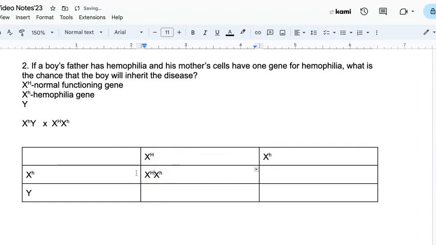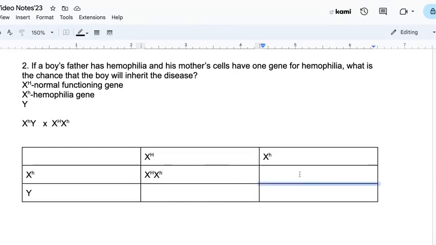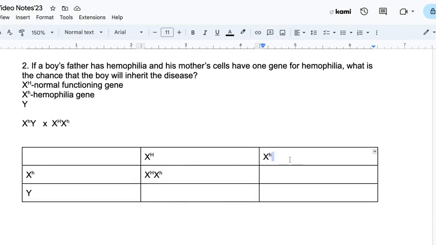The first child could be a daughter. She's X big H, X little h. She would be a carrier, but she would not have hemophilia. The next scenario would be a daughter who is X little h, X little h, so she would have hemophilia, because she got a defective copy from each of her parents.